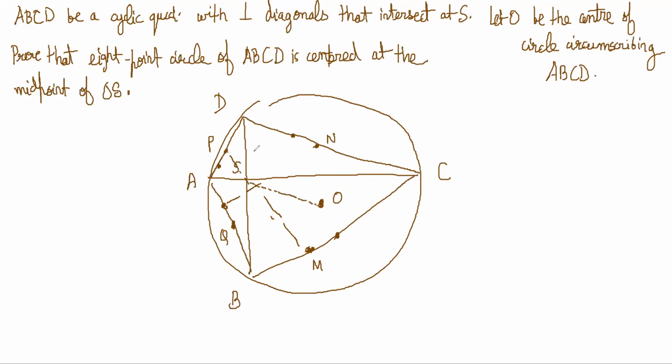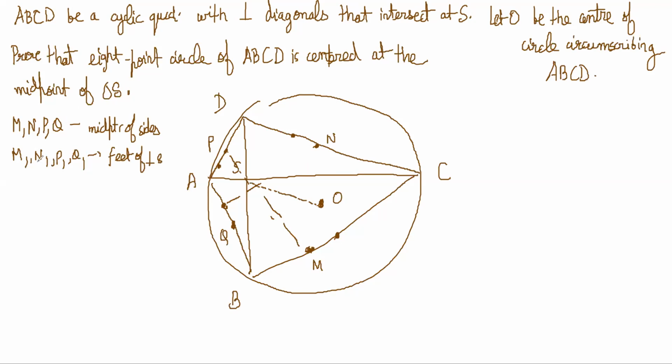M, N, P, Q are the midpoints of the sides, and M1, N1, P1, Q1 are the feet of the perpendiculars from the midpoints to the opposite sides.